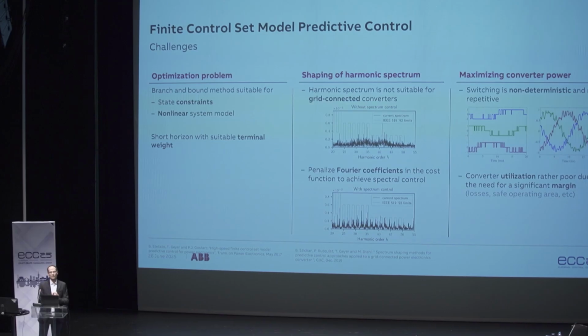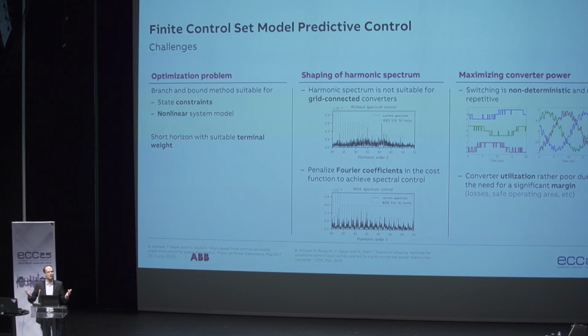But the real issue maybe is that the switching with these sort of methods is non-deterministic. It is non-repetitive. So whatever you do in one cycle, you don't repeat it in the next cycle. So you see that what is done in phase A, B, and C bears no similarity. You would expect a phase shift by 120 degrees, but that's not the case here.